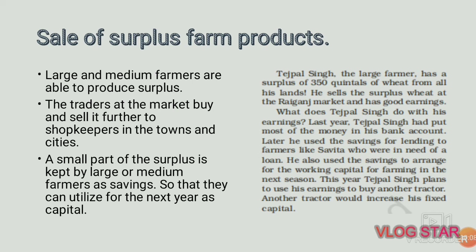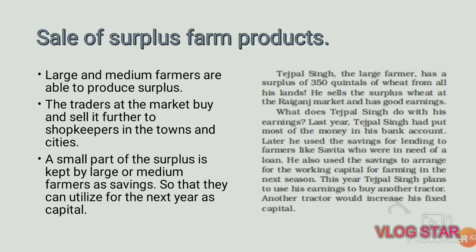After cultivation of crops, whatever is kept with the farmer for his own consumption, and after that what is left is sold into the market, and the money which they receive from selling that surplus farm product, they keep either for buying seeds, fertilizers, manures, and all the machines for the coming year.